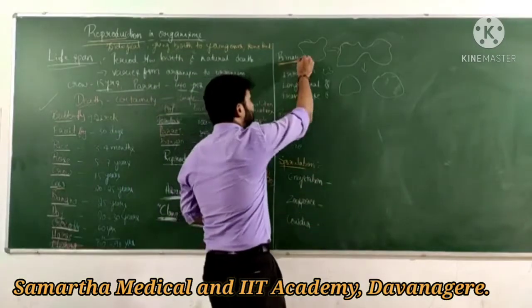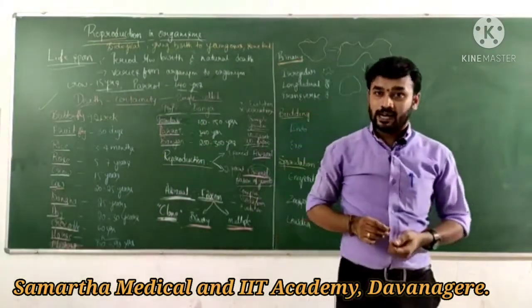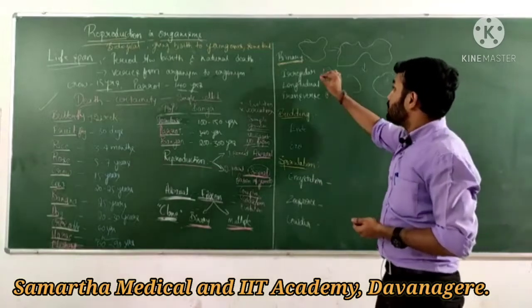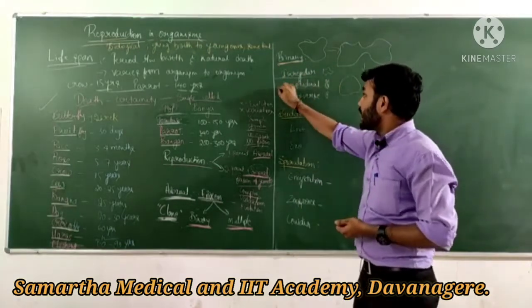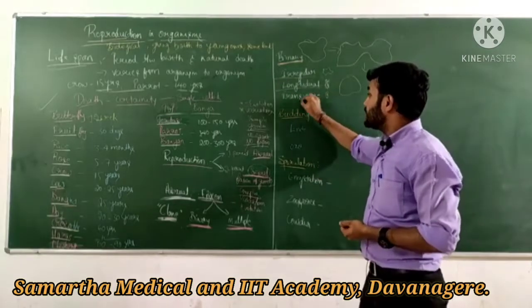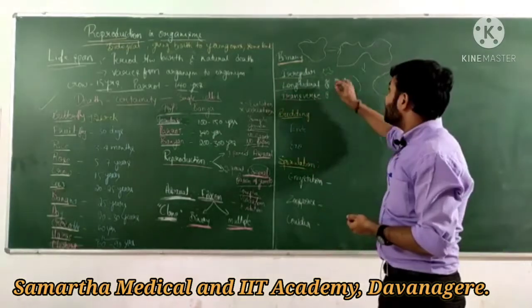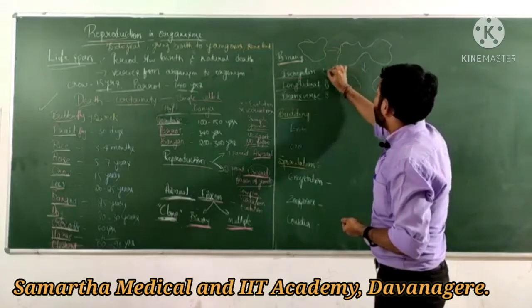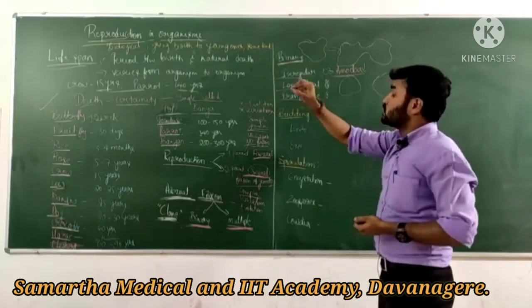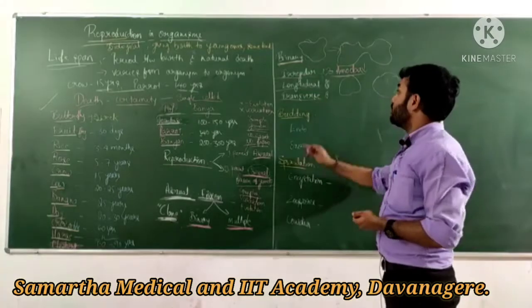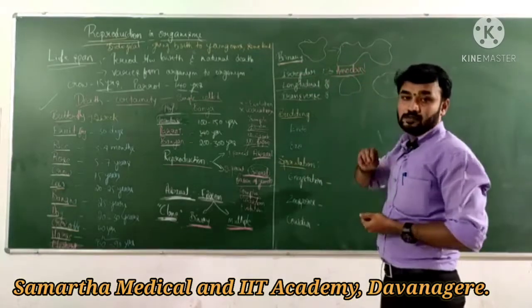Let us deal in detail with binary fission and its kinds. As I said, binary fission may take place irregularly, longitudinally or transversely. Irregularly means you can take the example of amoeba. So amoeba is an example of irregular binary fission.